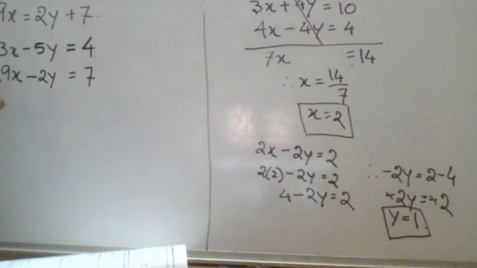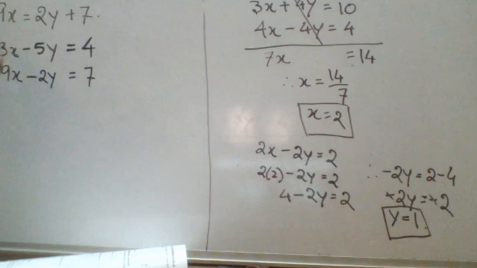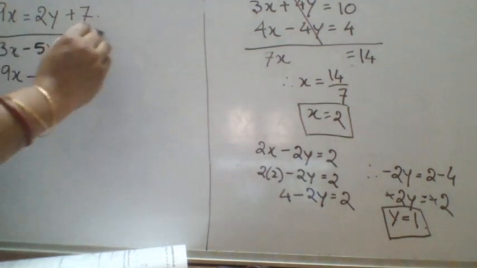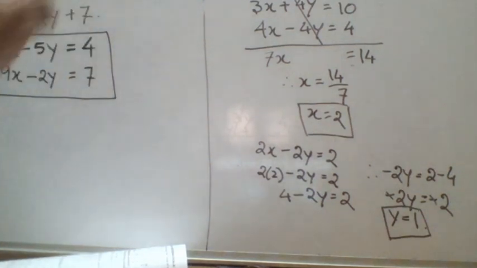Same in the other equation also, the term with variable x is on the left hand side and the variable y term that was earlier on the right hand side, we have transposed it, that is we have transferred it to the left hand side. So plus 2y is now minus 2y, and 7 remains on the right hand side, so this is plus 7. Okay, now these two are the pair of linear equations which we are going to solve.